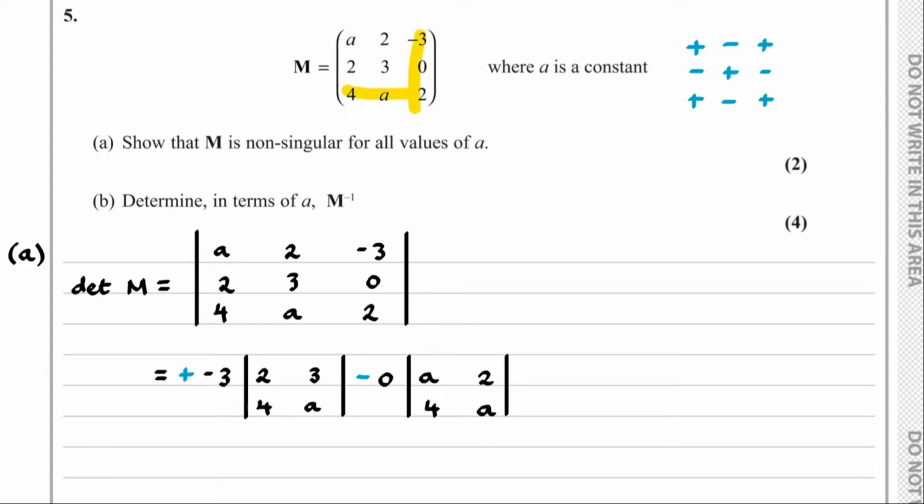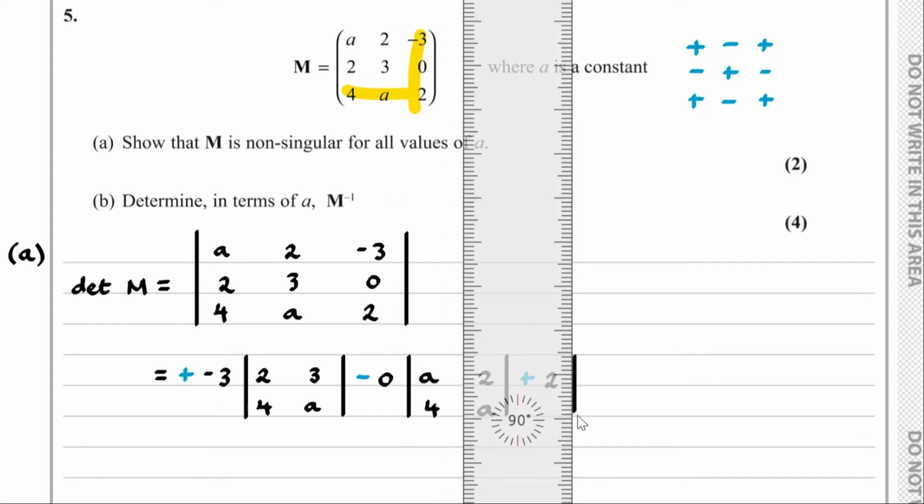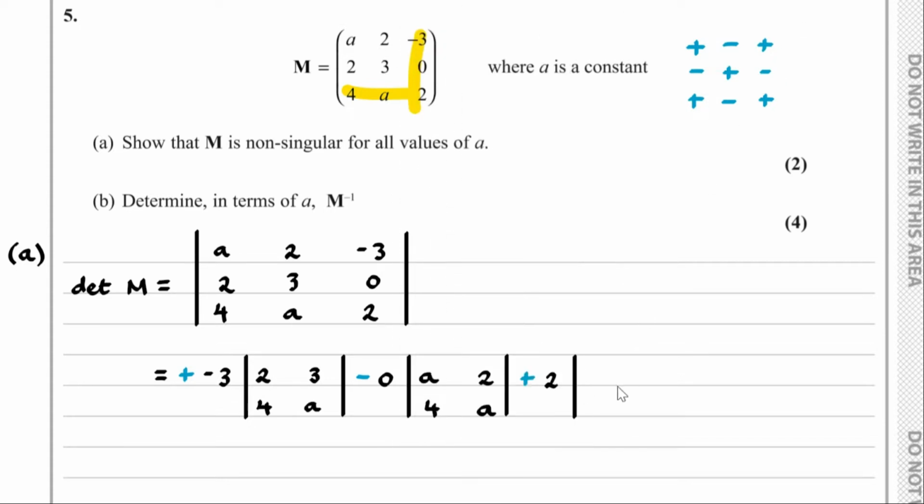So we have plus 2 times the determinant of what's left over, which is a, 2, 2, 3.